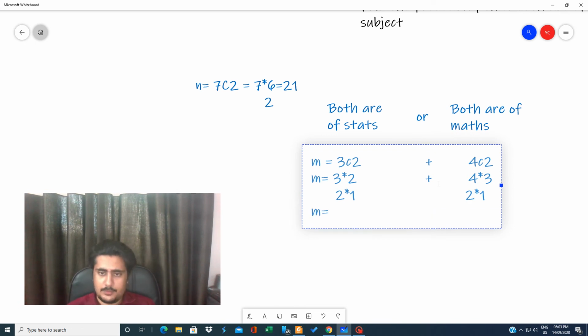So m is equal to 3 plus 6. 2 3s are 6, 12 by 2 is 6. So m is equal to 9.